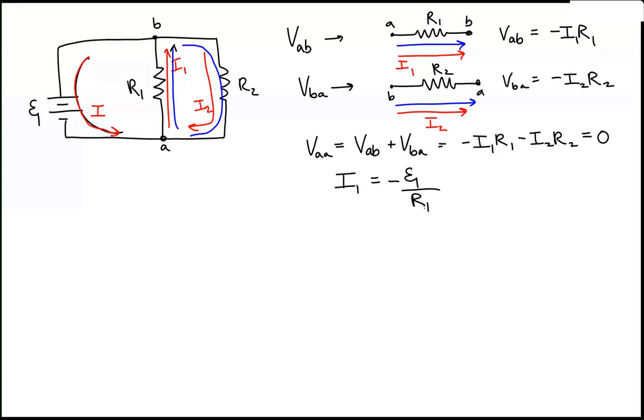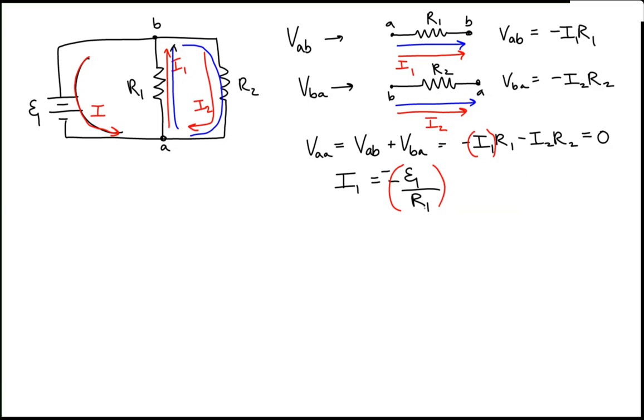So let's back up a little bit. We have to put this in parentheses, and there's a minus in front of that. And then we have a minus I2 R2 is equal to 0, and I forgot to put my R1 here. Let me back up a little bit.